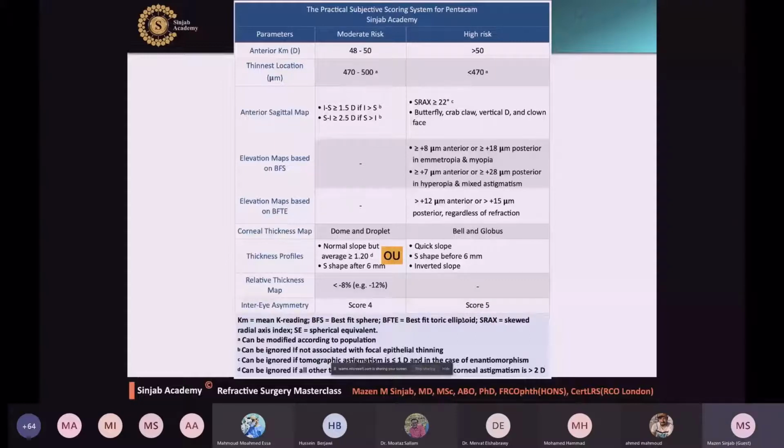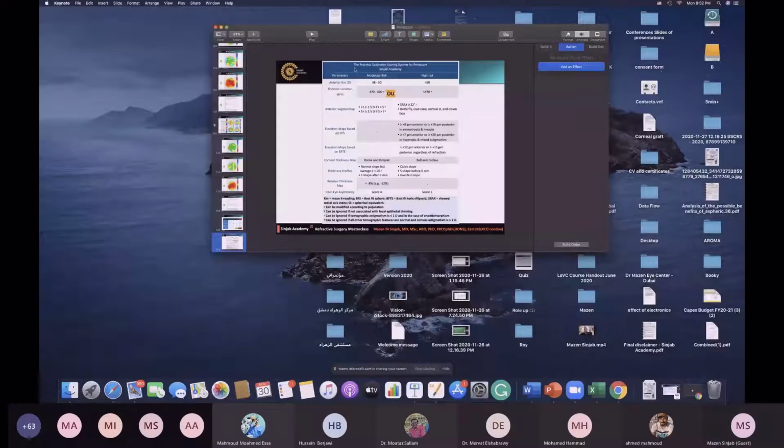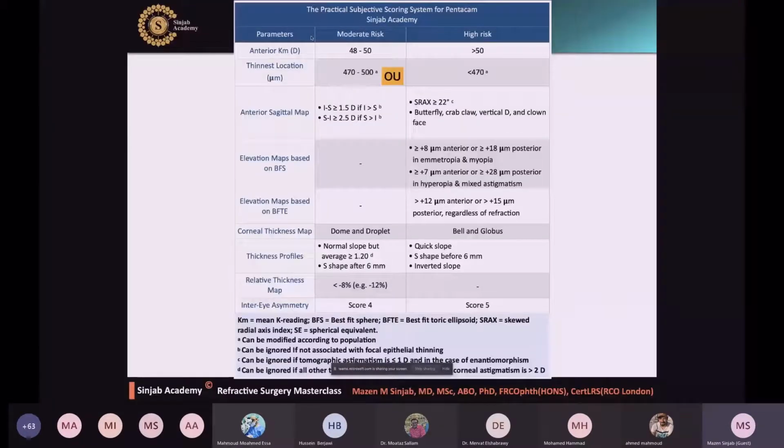The thinnest location is less than 470. So, sorry, this one should be here. Okay, great. So we have both eyes having less than 500 microns, and the left eye is borderline 469.